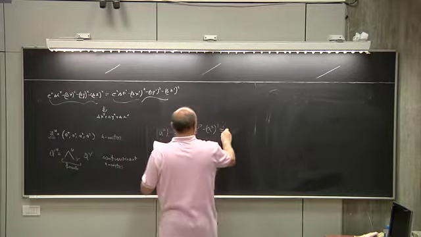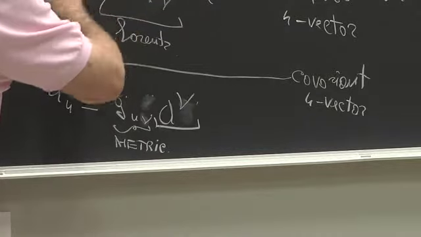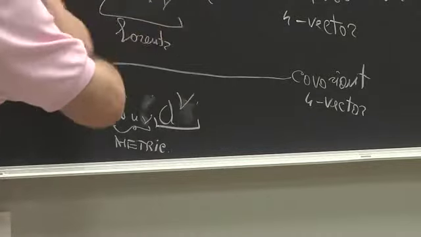So you take a contravariant vector multiplied by a strange matrix that is called the metric. So this is the definition of a covariant 4 vector. You take an object that is the metric, that now I will tell you what it is, and multiply by the contravariant vector, which you know is an object that transforms under Lorentz transformation in this manner.